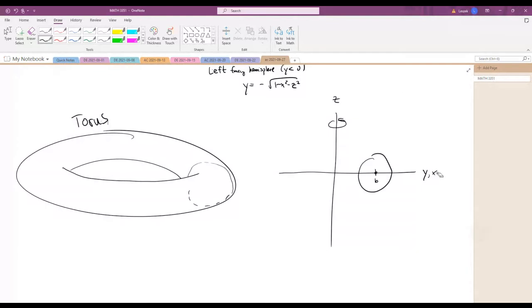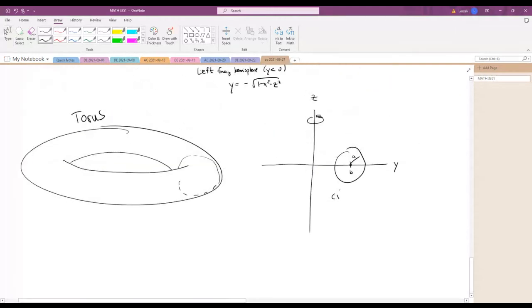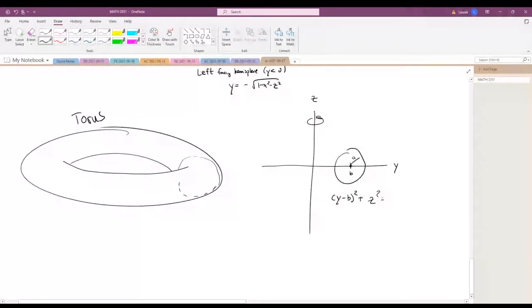In the yz plane, this might have an equation. Let's say the cross section of that donut has a radius a, and the radius of the donut, the big radius, is b. So this equation is (y minus b) squared plus z squared is equal to a squared.